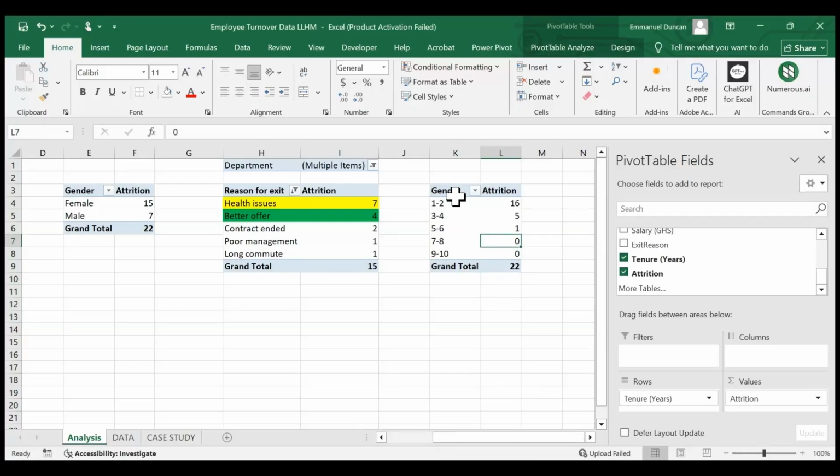So we have attrition by tenure, and you can see that most of the employees that have left are people that have been with the company for less than 2 years, which is a matter of concern because it indicates a sign of early attrition.